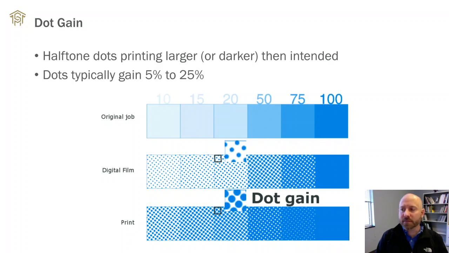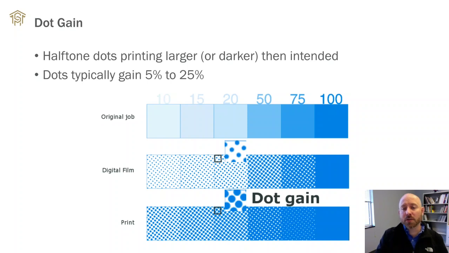There are a lot of reasons for this, and I'm not going to go into all of the reasons at this point that dot gain occurs. But what I want you to understand is that these dots have to be managed. They have to be controlled. Otherwise they're not going to do what is expected.